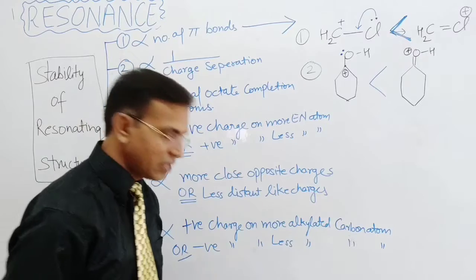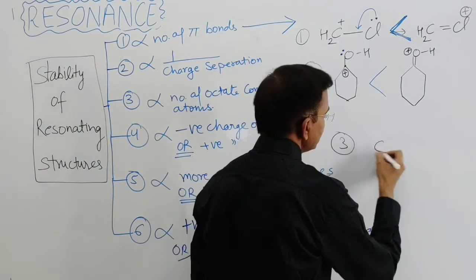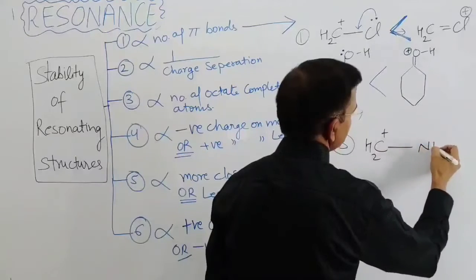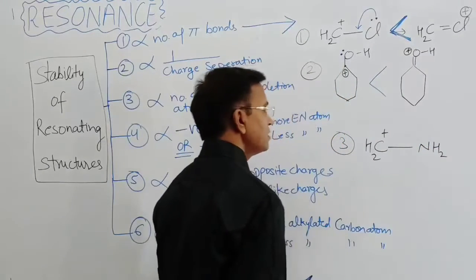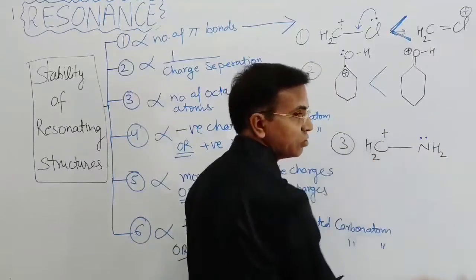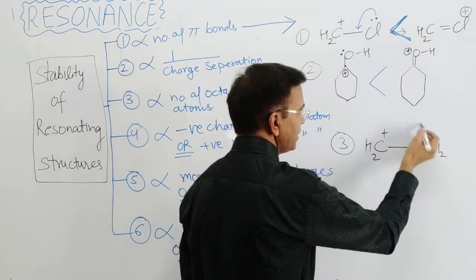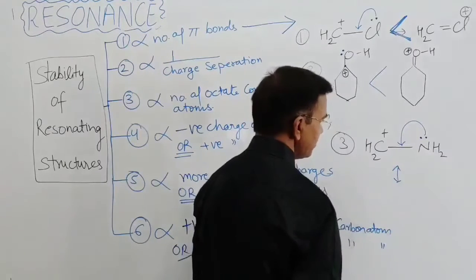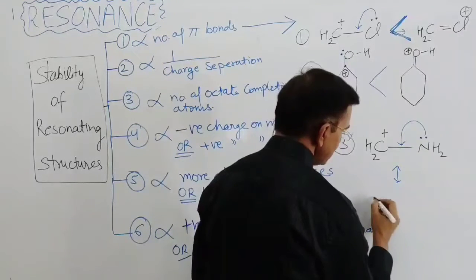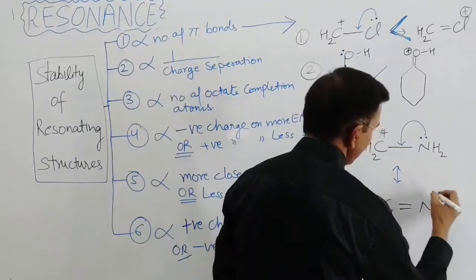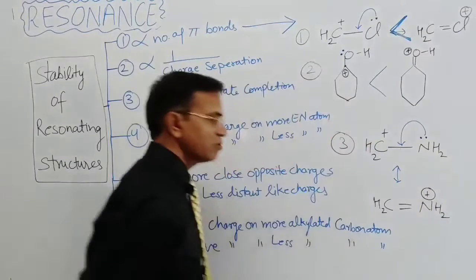Now move to the third question. Take CH2 positive and NH2. So beta, in this, nitrogen has the lone pair of electrons, sigma bond, positive charge, conjugation, delocalization of pi electrons takes place. This moves to here, and the second resonating structure will be CH2 double bond NH2, and the positive charge comes on the nitrogen atom.